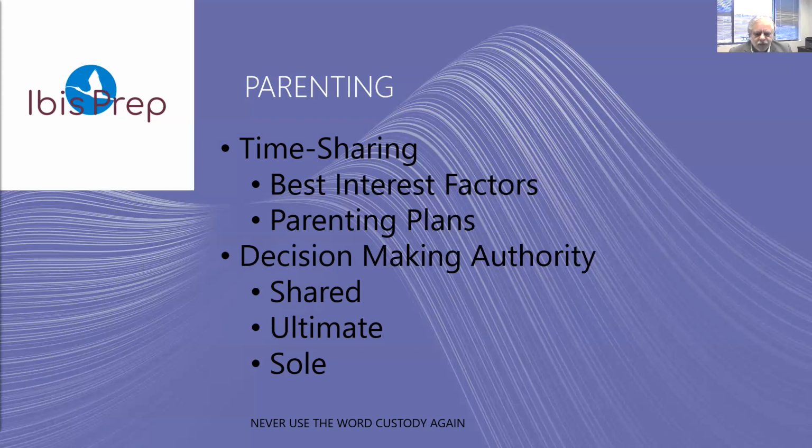You will also see substance abuse as one of the factors, mental health, and any type of violence or sexual violence or those types of components. But these are only factors because the last factor under the time sharing factors is anything else the court deems applicable to the family. So these are just guiding principles.